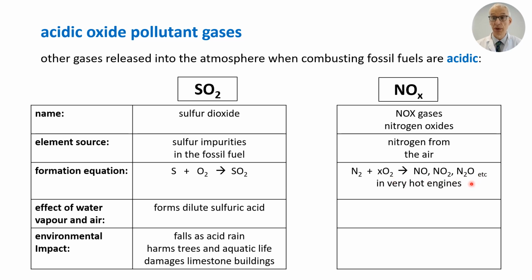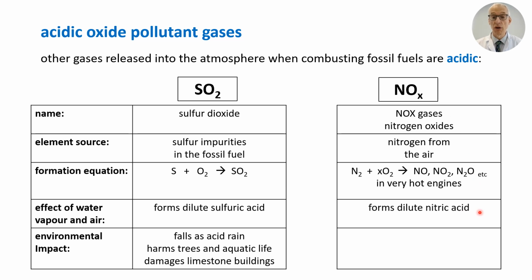In the classroom, nitrogen and oxygen do not react, but in a very hot car engine, for example, they do, to form a variety of oxides. Hence, the number X is not specified. It could be 1-to-1 ratio, could be 1-to-2, could be 2-to-1, could be 2-to-3, etc. So they are collectively known as NOx gases, nitrogen oxides.